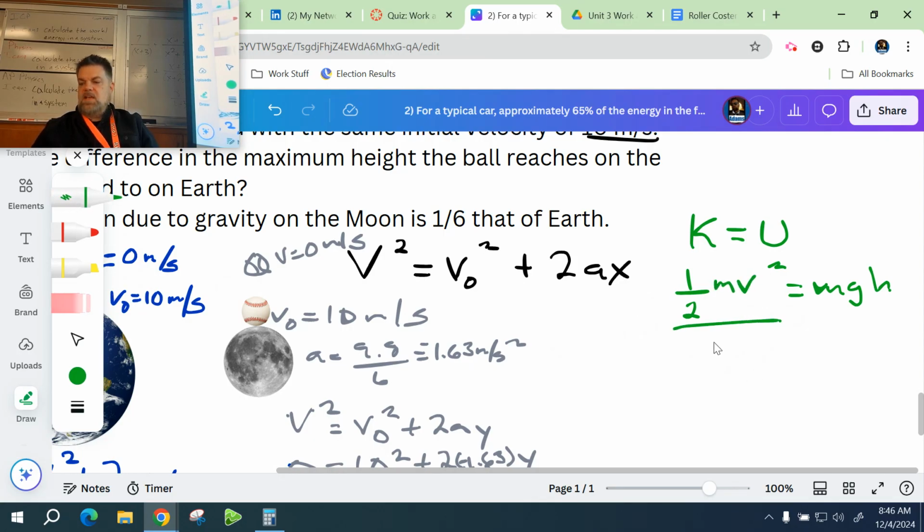If I take this and divide it by the mass, I get 1/2 times the velocity squared is equal to G times H.